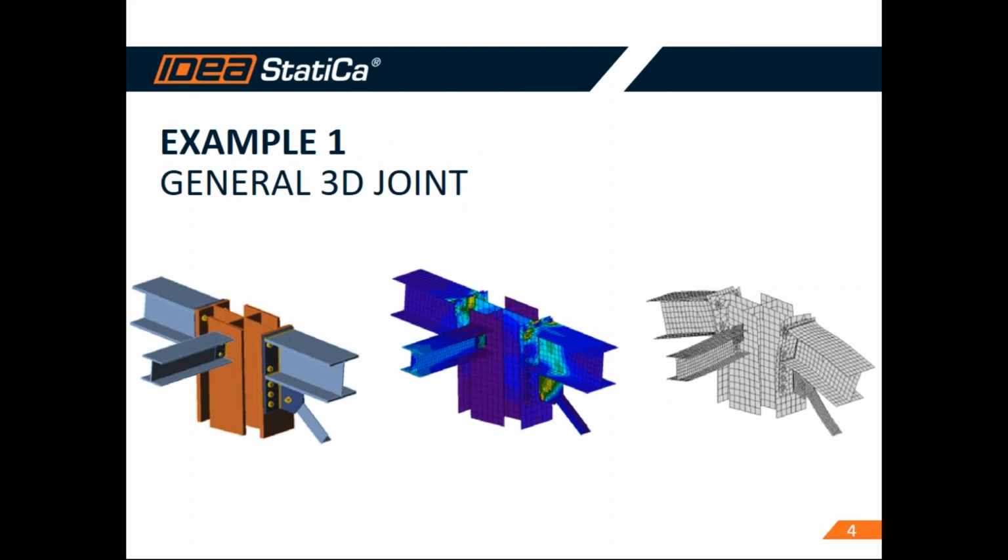This is a very useful feature which gives you information how far your design connection is from the limit state, and in fact how big is the reserve in the design and how safe it is.